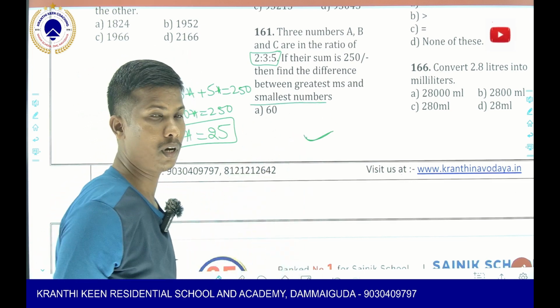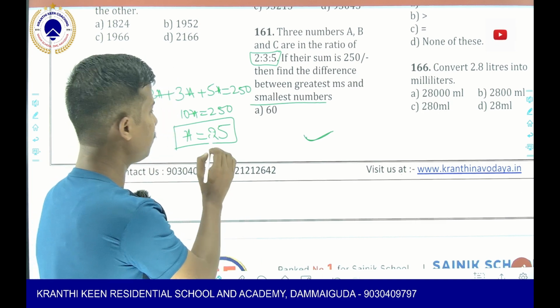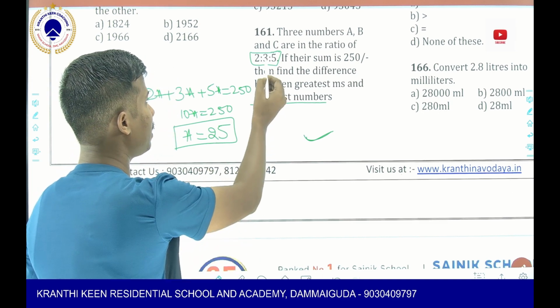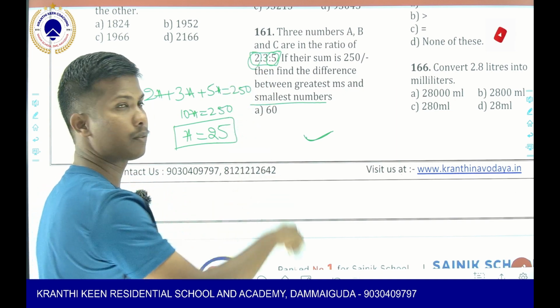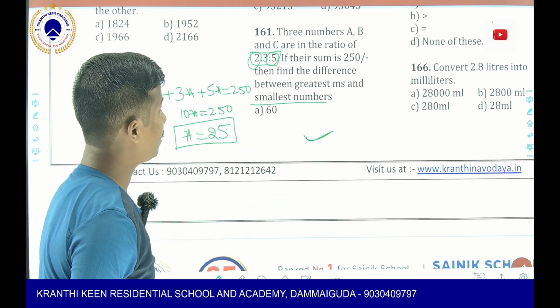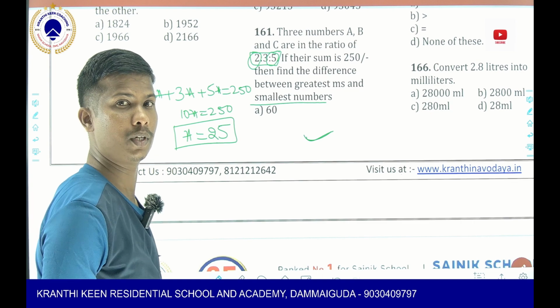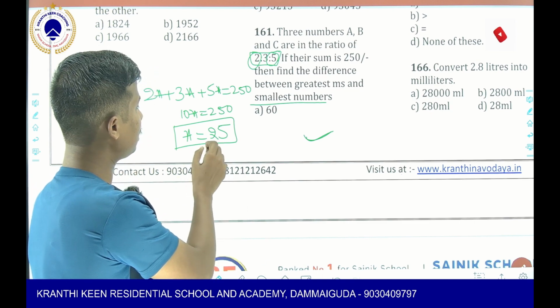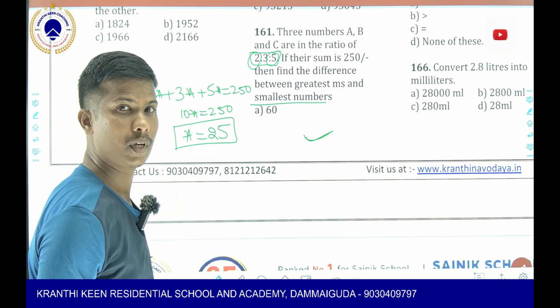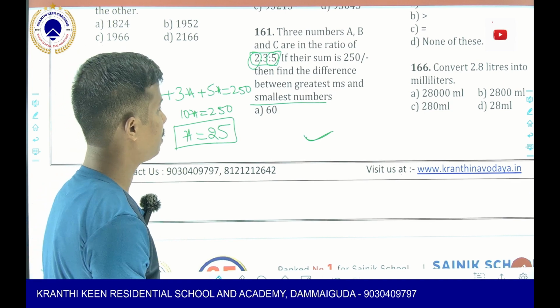We got the x value as 25, no? Here, the greatest number will be 5x, the smallest number will be 2x. What is the difference between 5x and 2x? 3x only, no? 3x means 3 into 25, 75.